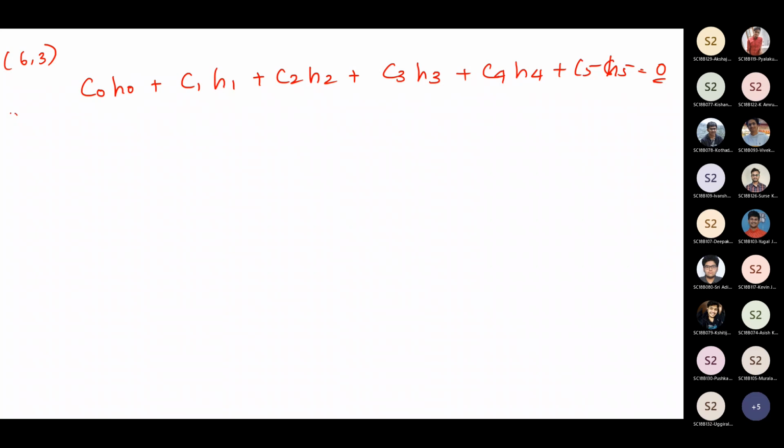For example, d minimum we are taking, d minimum is equal to 3.